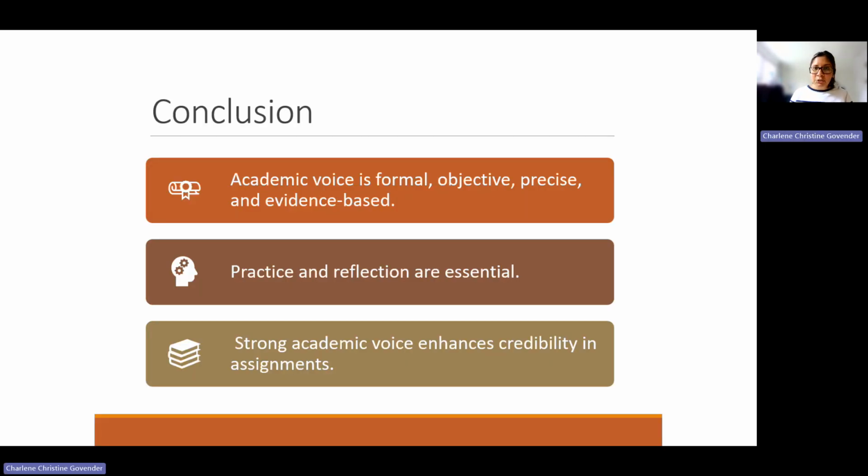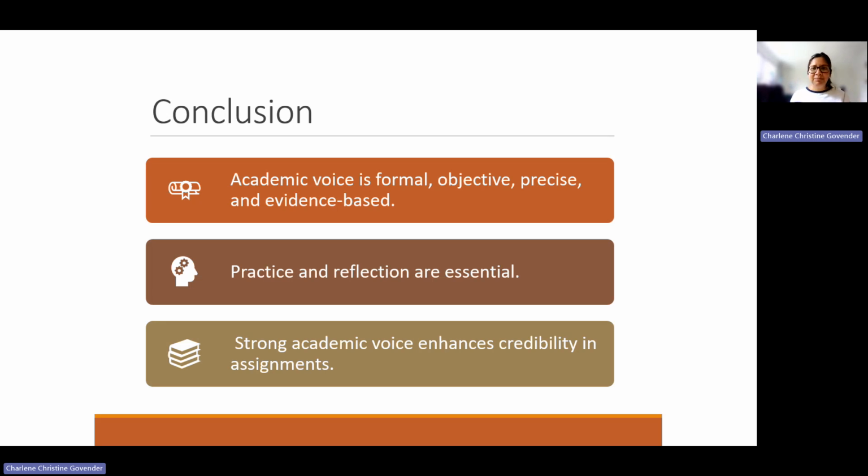Okay. In conclusion, I'd like to remind you that academic writing is formal. It is objective, and very importantly, precise. And more importantly, evidence-based. So your academic voice needs to incorporate all of these things.